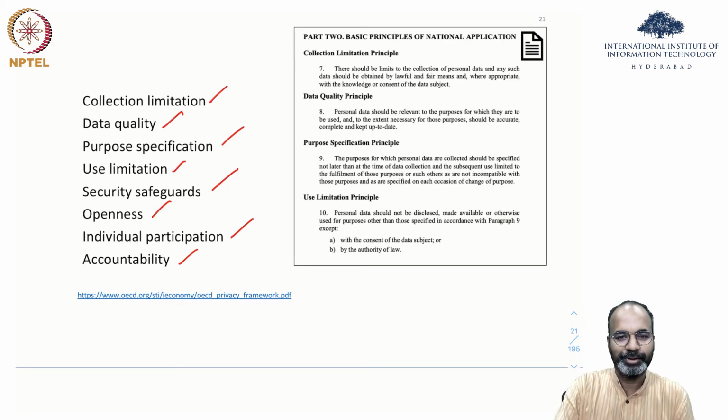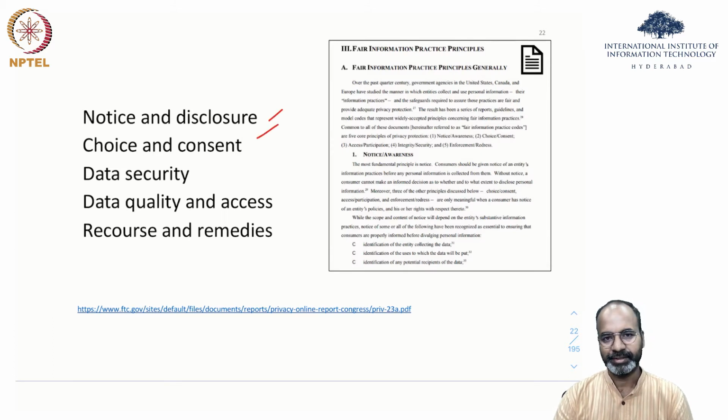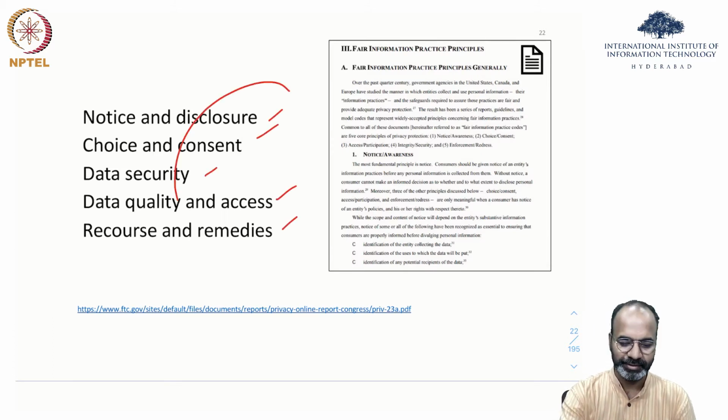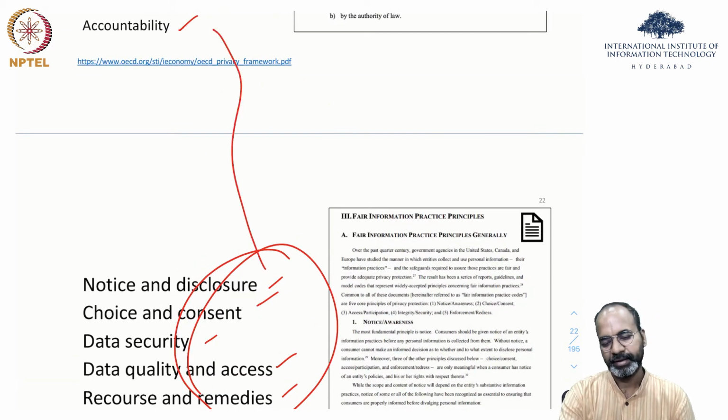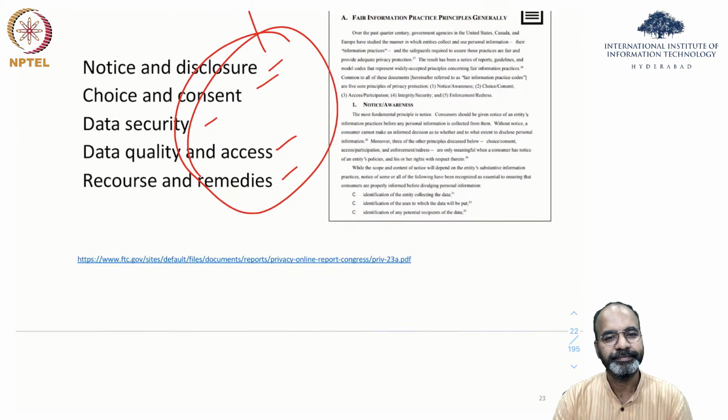I'm guessing by now you should know all of these words by heart. What does it mean? An abridged version of OECD principles is notice and disclosure, choice and consent, data security, data quality and access, recourse and remedies. Right. So all of this will capture everything that is there in OECD also.